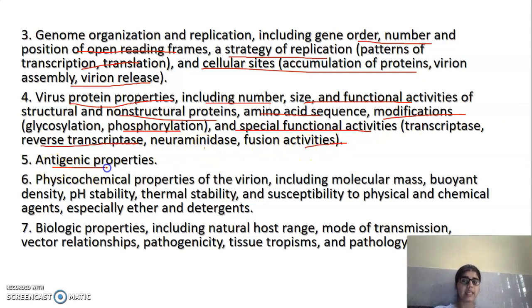Antigenic properties and physicochemical properties of the viruses, including molecular mass, buoyant density, pH stability, thermostability, and susceptibility to physical and chemical agents, especially ether and detergents. Biological properties, including natural host range, mode of transmission, vector relationship, pathogenicity, tissue tropism and pathology.